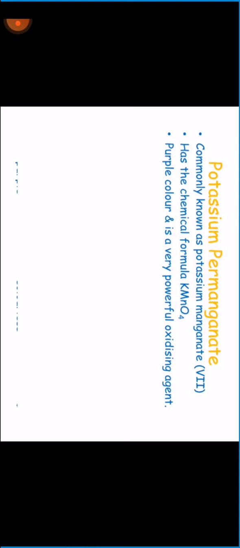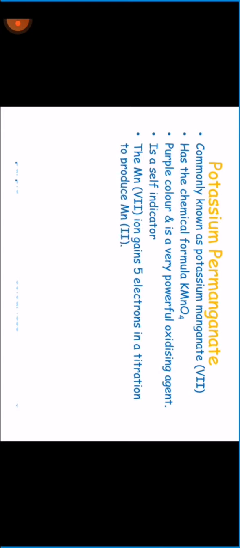It's quite unstable, so it decomposes in the presence of sunlight, and it must be standardized by titration against a primary standard. It is a self-indicator, so in a titration where you're using potassium permanganate, you don't need an indicator. It changes colour from purple to colourless when it is acting as an oxidizing agent.